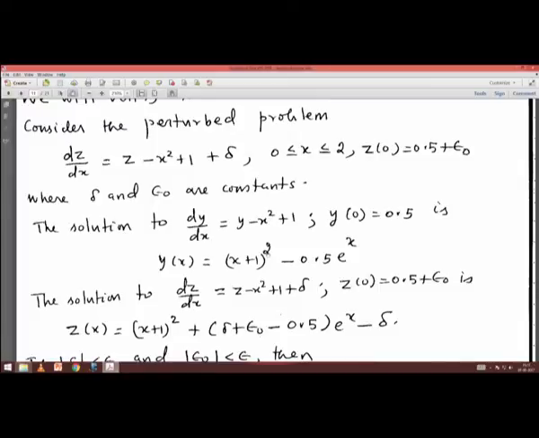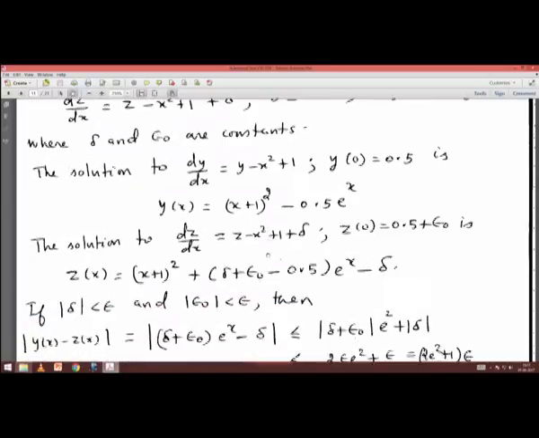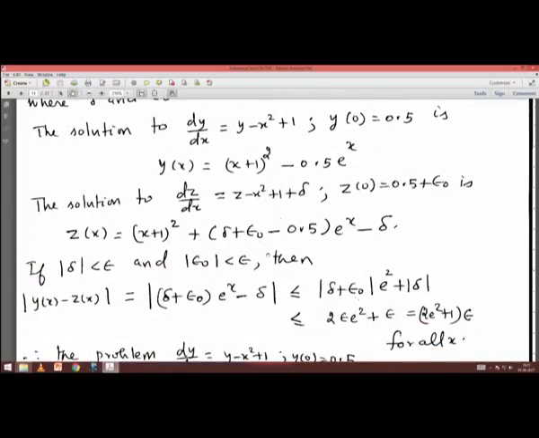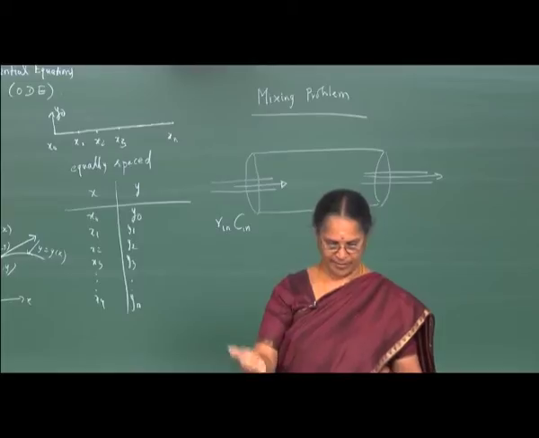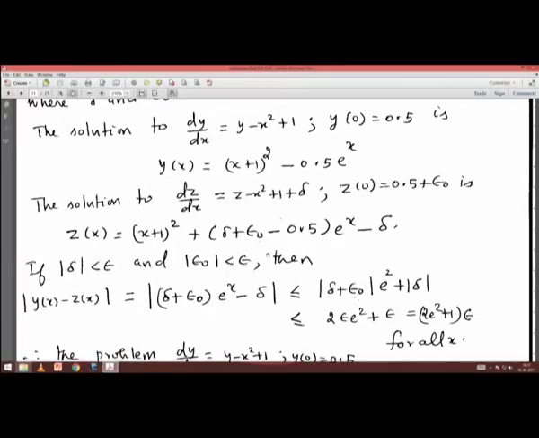I give a small perturbation, say epsilon naught, to the initial condition. So, delta and epsilon naught are some constants. So, when is it well posed? Condition 1: the original problem has a unique solution. So, let us solve dy by dx is equal to y minus x square plus 1, y of 0 equal to 0.5.